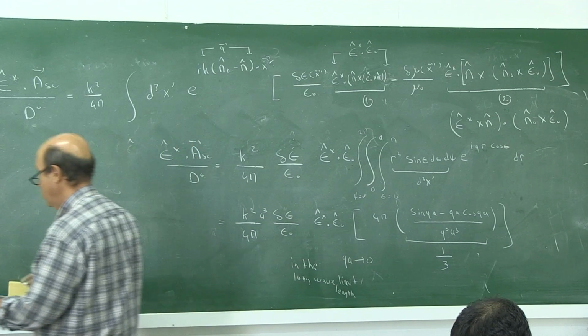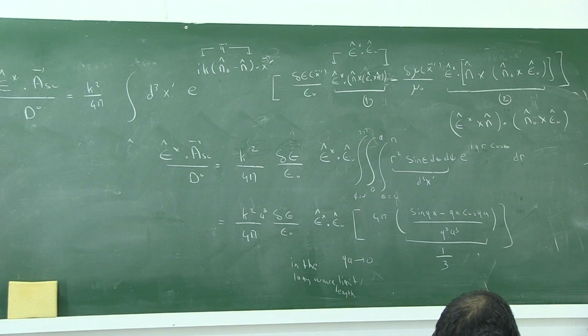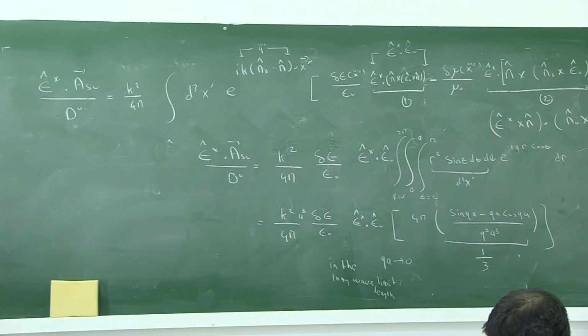Then if you write the full definition of the scattering cross section per solid angle, you have to take the square of this.